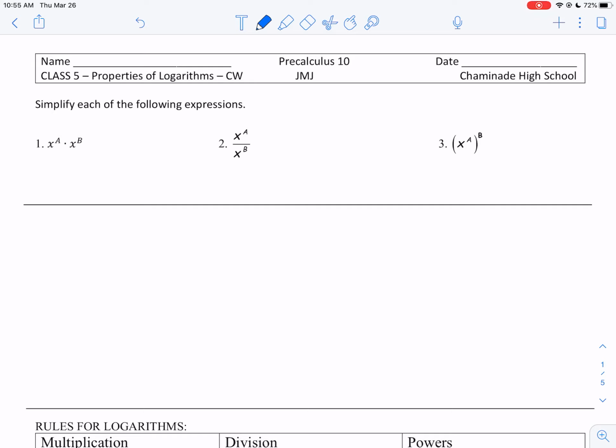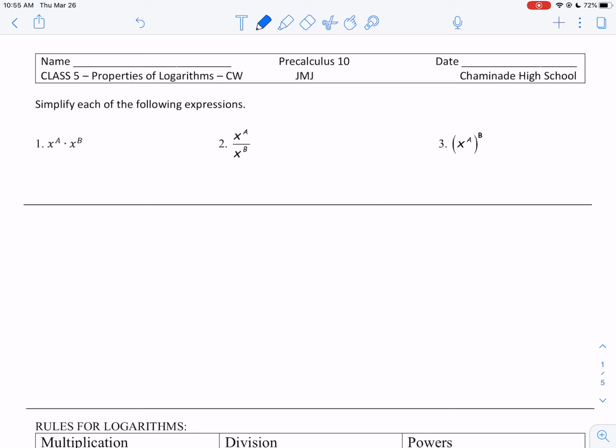Today we're going to be moving on to Class 5, Properties of Logarithms, a continuation of the introduction to logarithms from the last class. If you recall from the last class's discussion, logarithms are really just exponents. The logarithmic function is the inverse of the exponential function.